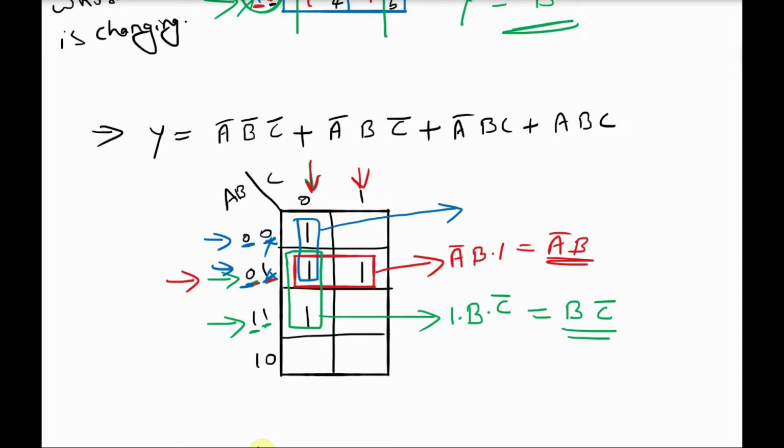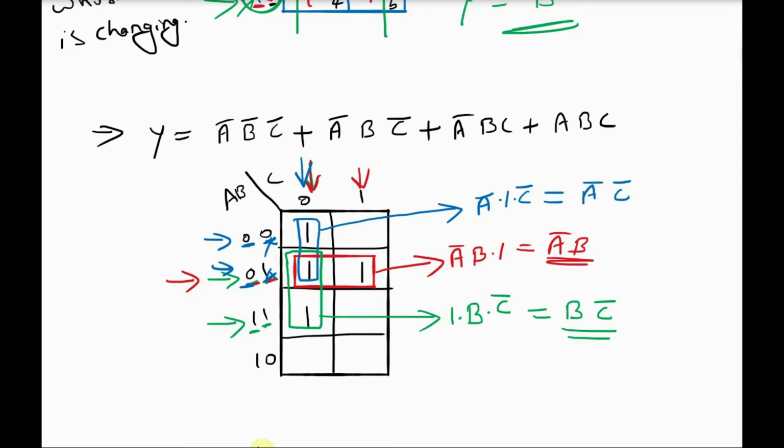And the value of A is the same. Since A is 0, we write it as A bar, multiplied by the value of B, which is 1, multiplied by the column value. Since the group is covered in only one column, we take the value of that column. The value of that column is 0. That means C is 0, that means C bar. So the final answer is A bar C bar.